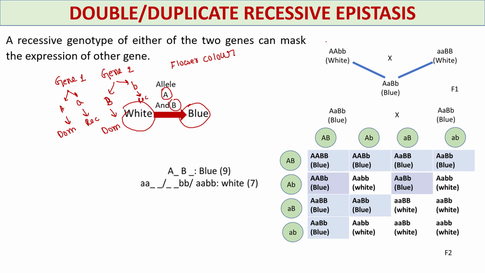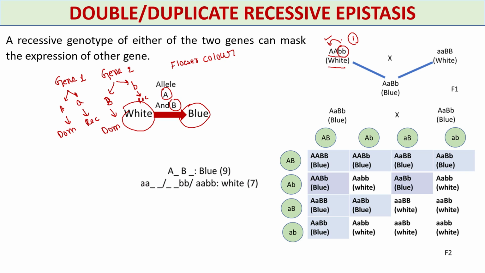In the following cross, parent 1 has genotype capital A, small b, and it is white. Because gene 2 has two recessive small b alleles, it masks the expression of gene 1.